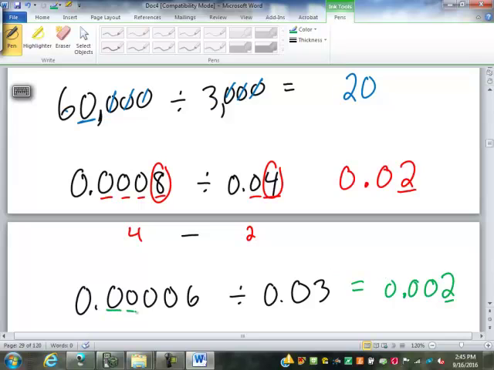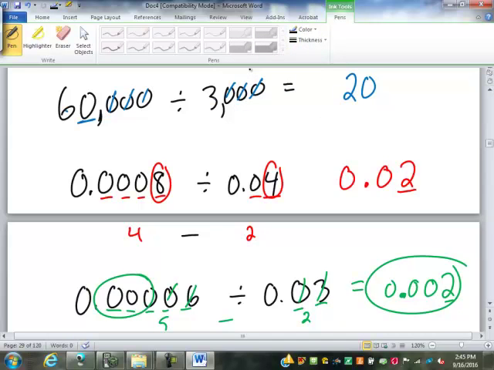This has 1, 2, 3, 4, 5. This has 2. 5 minus 2 is 3 decimal places. Or you could just cancel out. 1, 2, 1, 2. I'm going to have 3 decimal places. So estimating with our decimals is not as hard as one might think. It's very similar to estimating with our whole numbers.